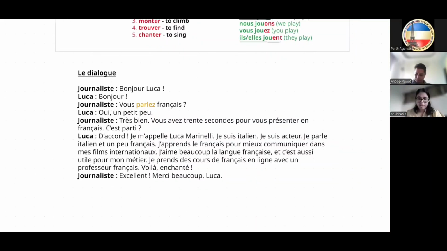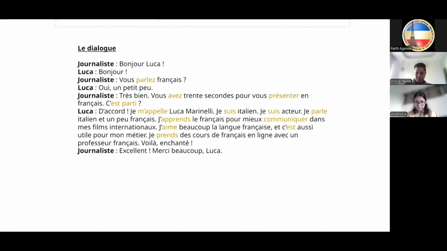Go ahead. Now please write down these words, both of you, in your notebook, and we will discuss the meaning and the main form of these verbs. What are the main forms?